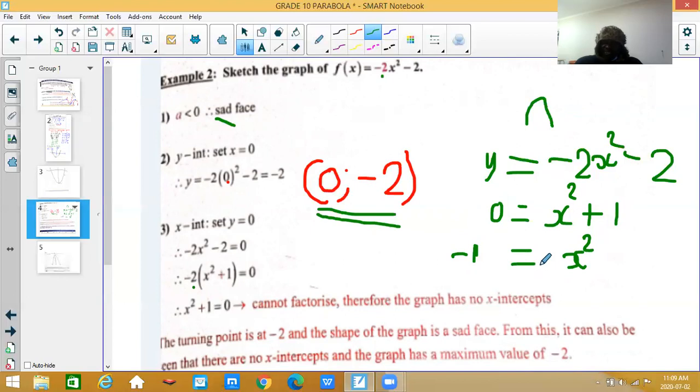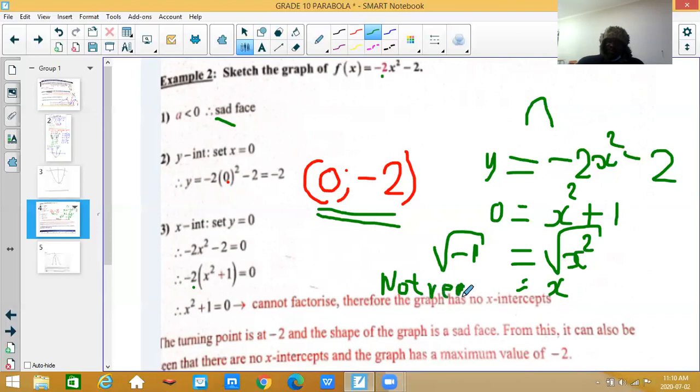Now, if you want to find the value of x, you find the square root both sides. The square root of x squared is x. The square root of negative 1 is not real. Some calculators will write math error, some will write syntax error.